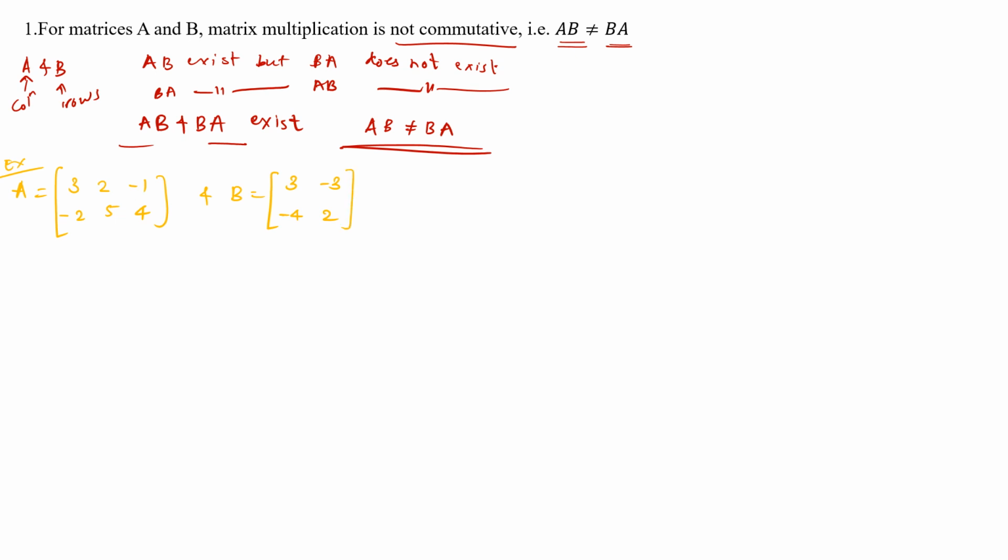What do we observe? A has how many rows? 2 rows. And how many columns? 3 columns. B has 2 rows and 2 columns. So now if you observe, to find the product AB, हमें क्या चाहिए? A के columns and B के rows same.